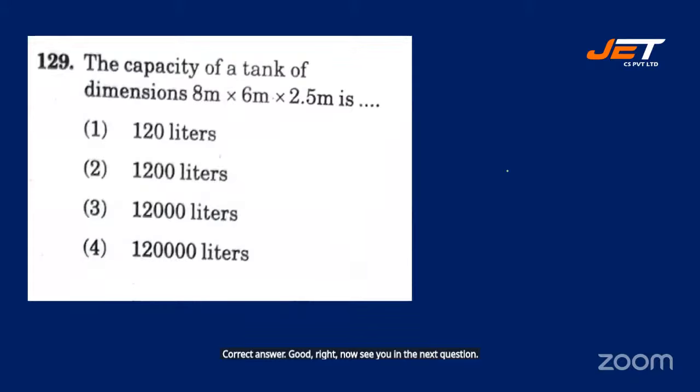The capacity of a tank of dimensions 8 into 6 into 2.5 meter is dash. So 8 into 6 into 2.5 meter. Quickly think over it and then give me the answers. 8 into 6 into 2.5.